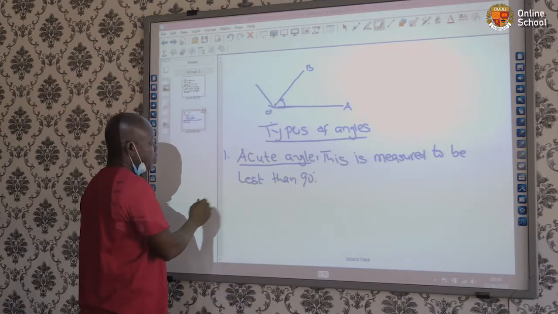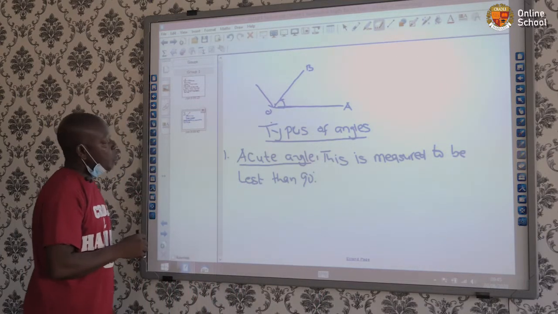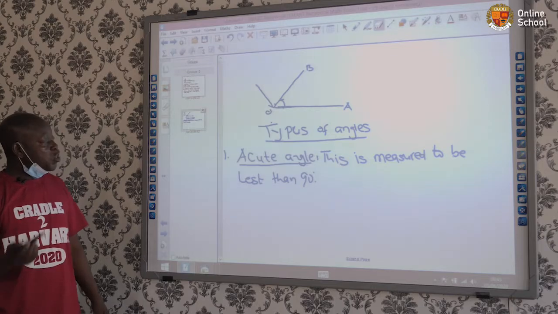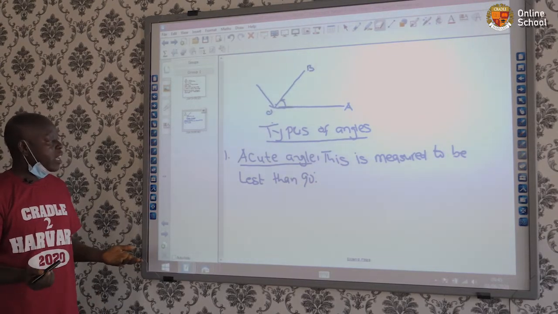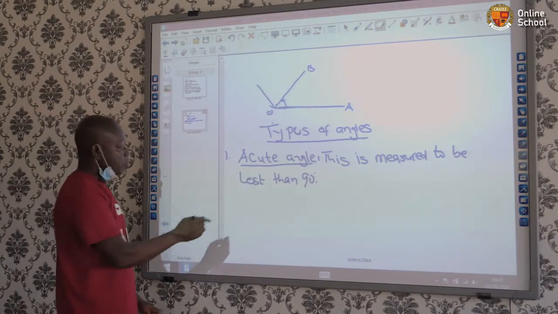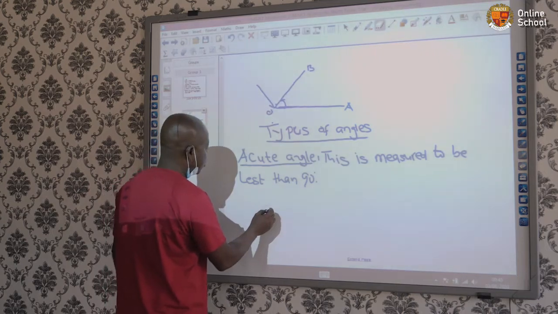Then number two. Before I go to number two, you may want to know how the diagram of an acute angle looks. It's not far from the first one.